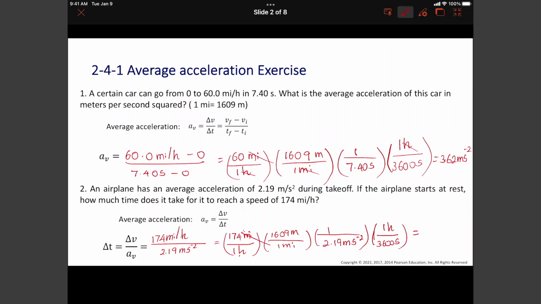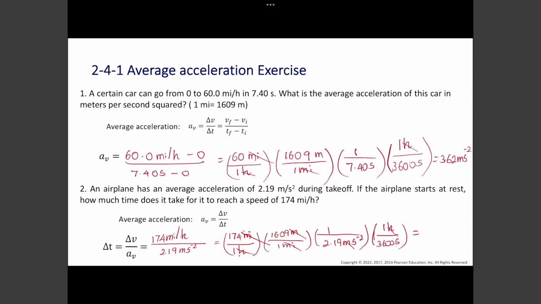Now the miles get cancelled, hours get cancelled, and the meters get cancelled. This has 1 second and this is s^-2, so one s gets cancelled. So the answer is 35.5 seconds. So the final unit is in seconds.